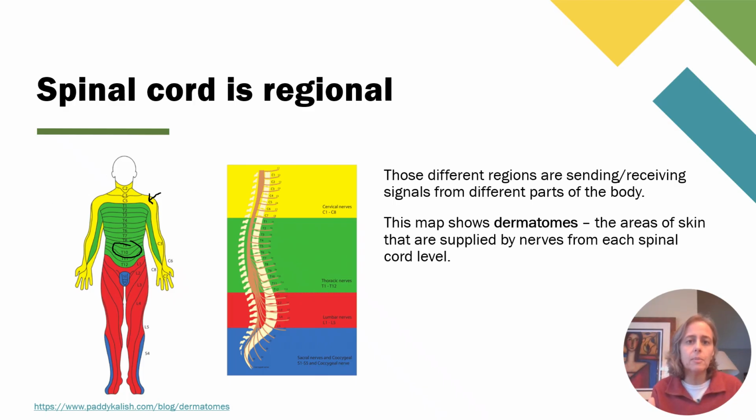So let's talk a little bit about that patellar or knee-jerk reflex that we just learned about. So you can see here from this diagram, I have to get my glasses again, that just below the kneecap there, that is L4. So those sensory neurons are going to be coming in at the L4 level.